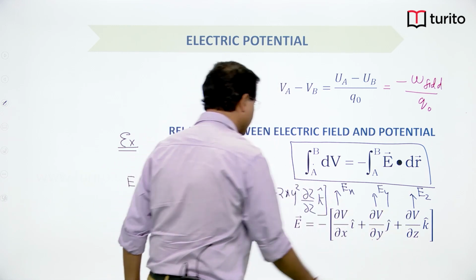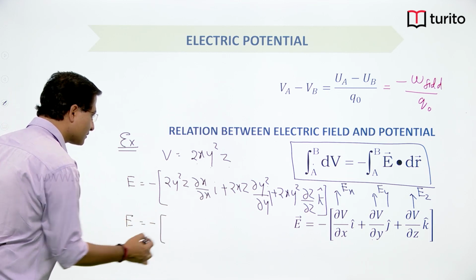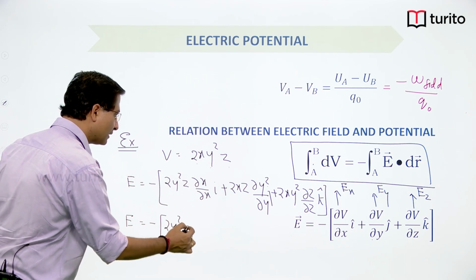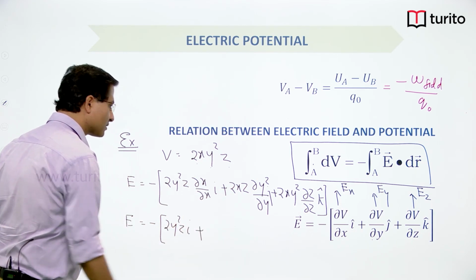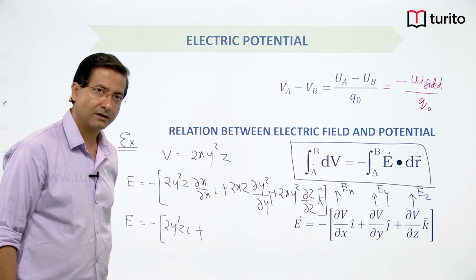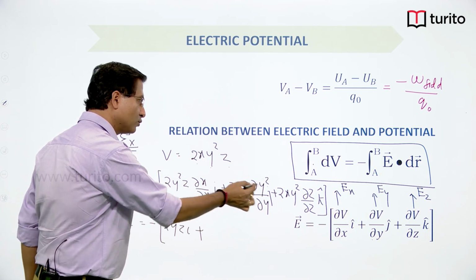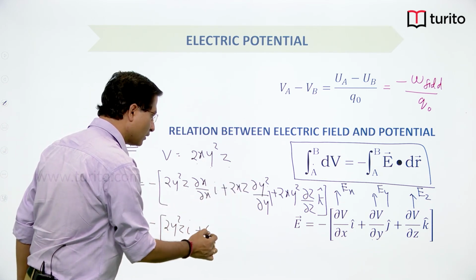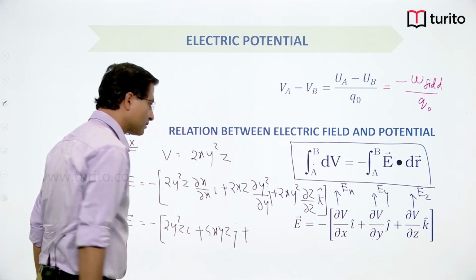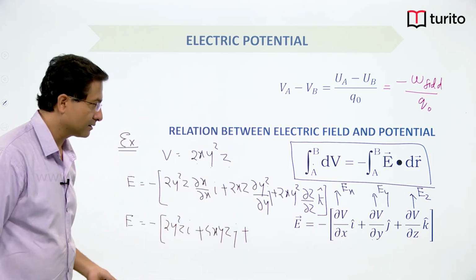I applied this formula, right. If I simplify, then I will get E is equal to minus, this will become 1, 2y square z i cap, plus y square differentiation is 2y, so 2 and 2 will become 4, 4xyz j cap, plus, look at this one, differentiation of z with respect to z, again 1.